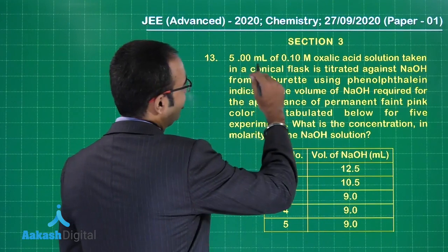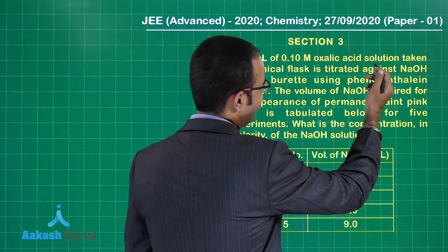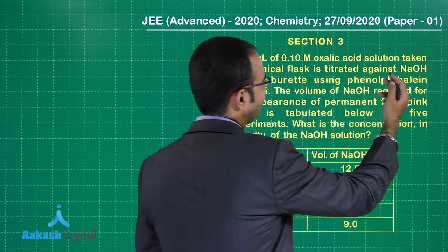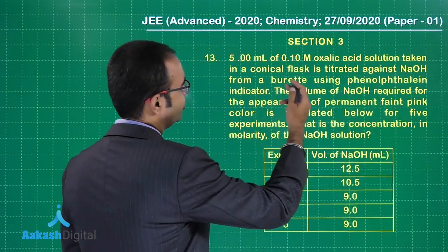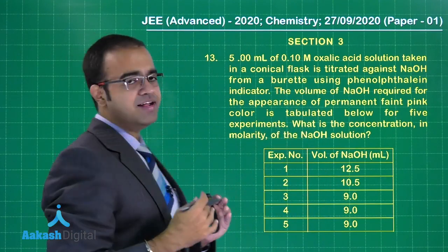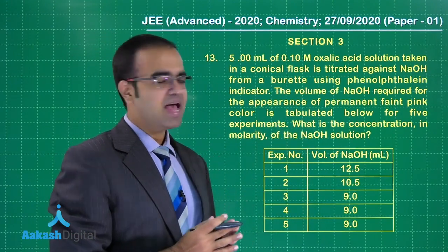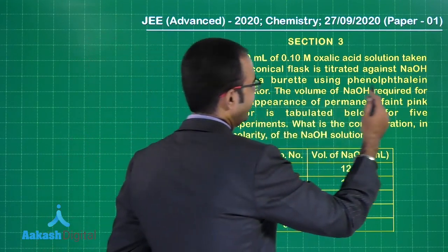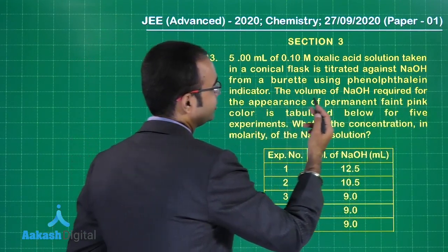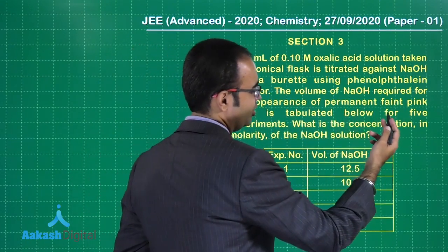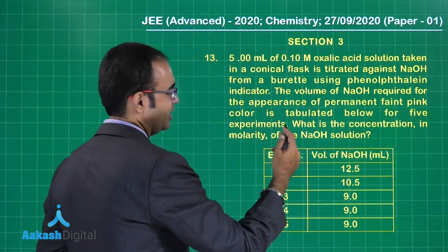5 ml of 0.1 molar oxalic acid solution taken in a conical flask is titrated against NaOH from a burette using phenolphthalein indicator. So you are titrating oxalic acid with NaOH and the indicator is phenolphthalein. The volume of NaOH required for the appearance of permanent faint pink color is tabulated below for 5 experiments.